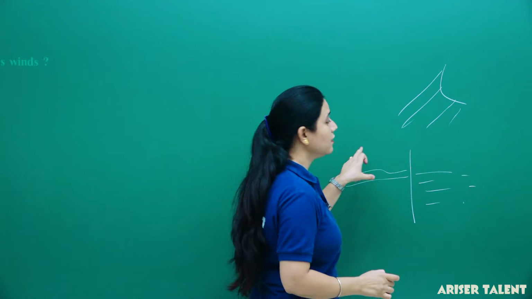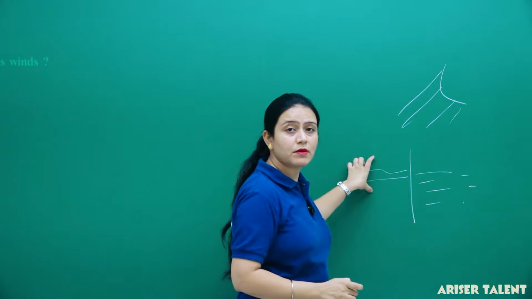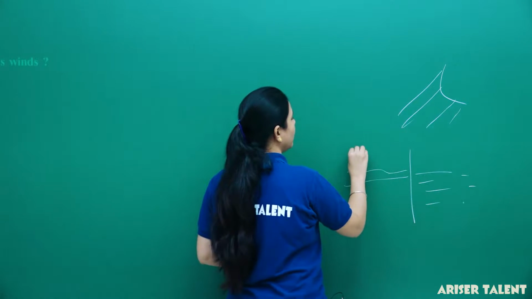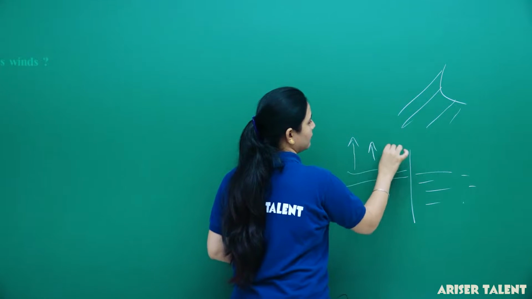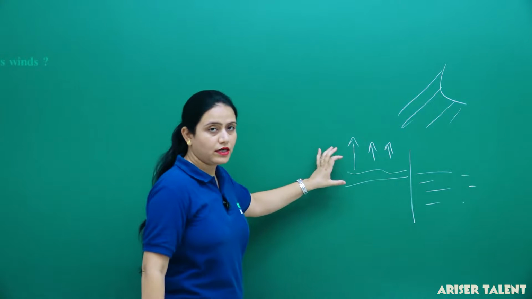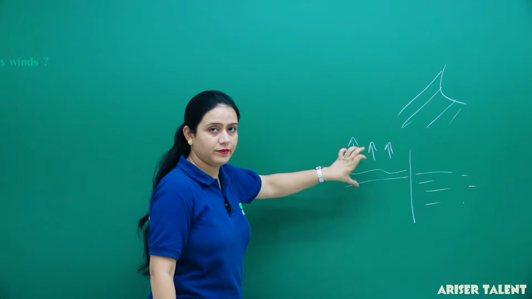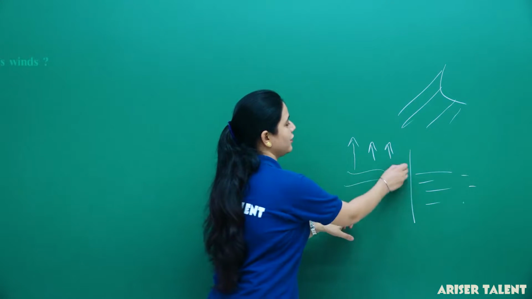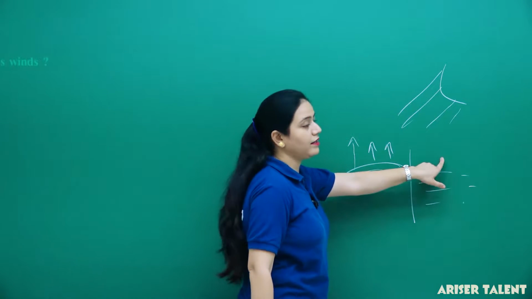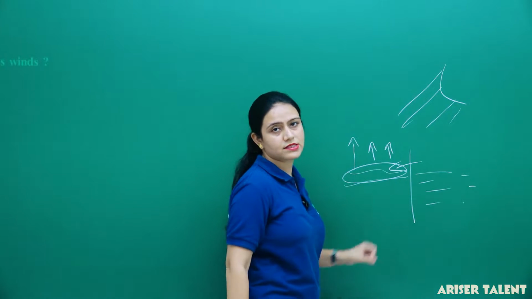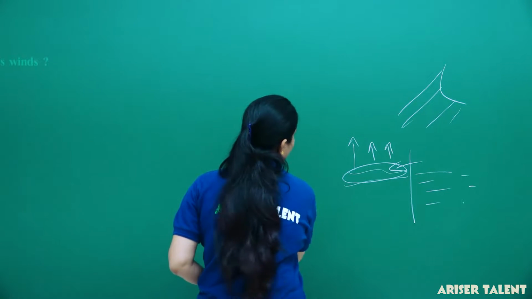Sun rays fall on the earth equally, but the air above the land gets heated faster than the air above the water bodies, so it rises up and creates a low pressure area. Then the air from the water bodies moves towards the low pressure region, thus winds are caused. Clear? Here we go with the answer.